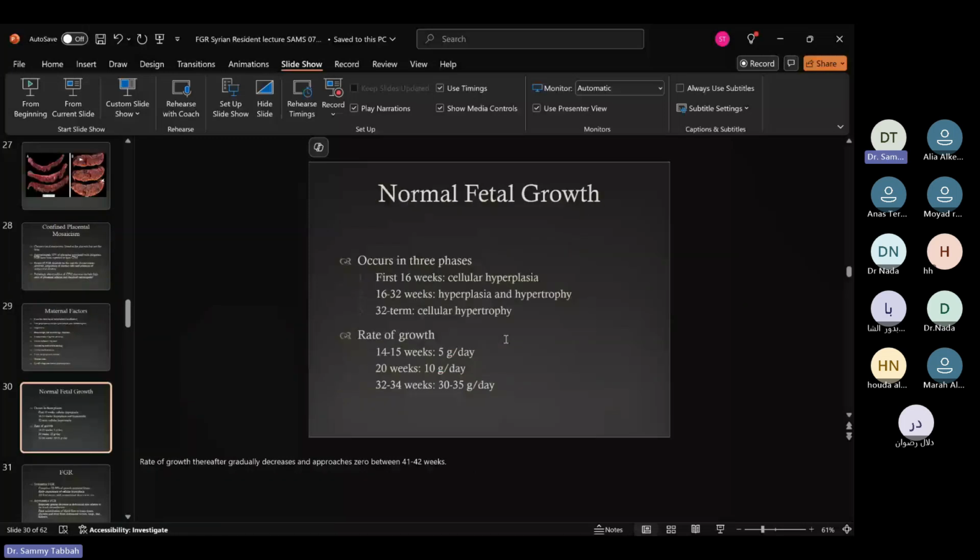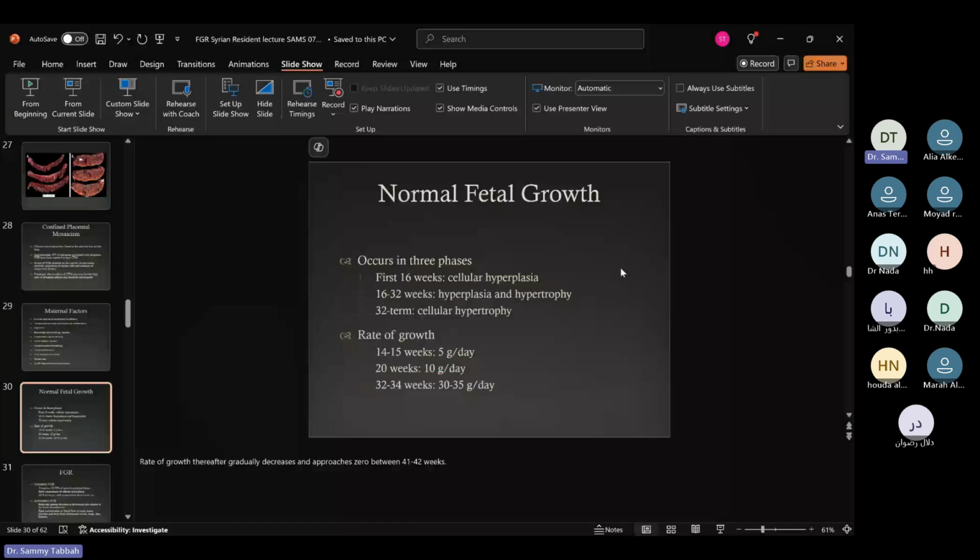So as we're talking about fetal growth restriction, it's important to speak in terms of what normal fetal growth looks like. Fetal growth occurs in 3 phases throughout the pregnancy. In the first 16 weeks, you have cellular hyperplasia. Between 16 and 32 weeks, you have a combination of cellular hyperplasia and cellular hypertrophy.